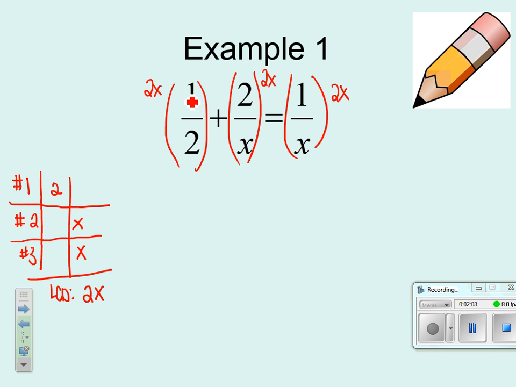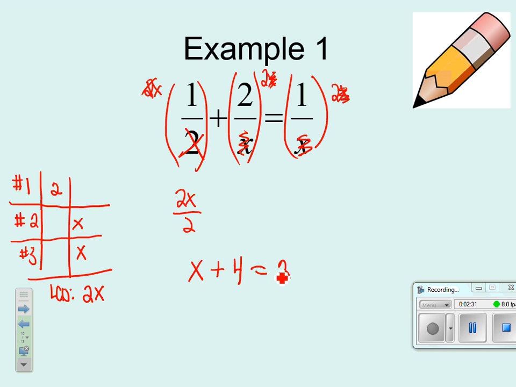So 2x times 1 is 2x over 2. Those 2's can cancel out. I can either write it 2x over 2 and then cancel it and leave it with an x, or I can cancel it out right away. I like to cancel them out right away. This x cancels with that x. So then I get 2 times 2 is 4. This x cancels with that x. And I get 1 times 2 is 2.